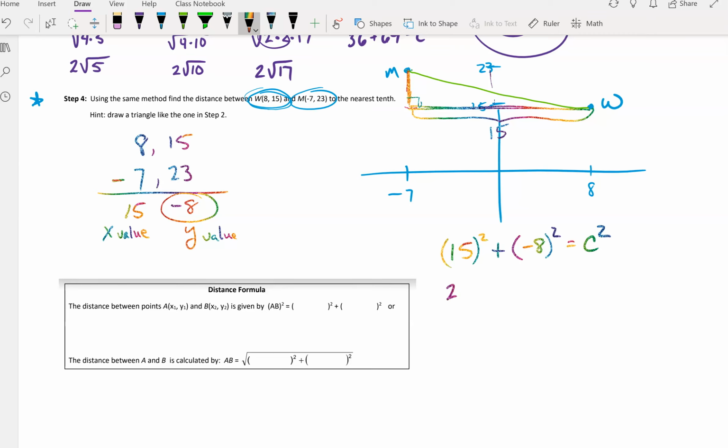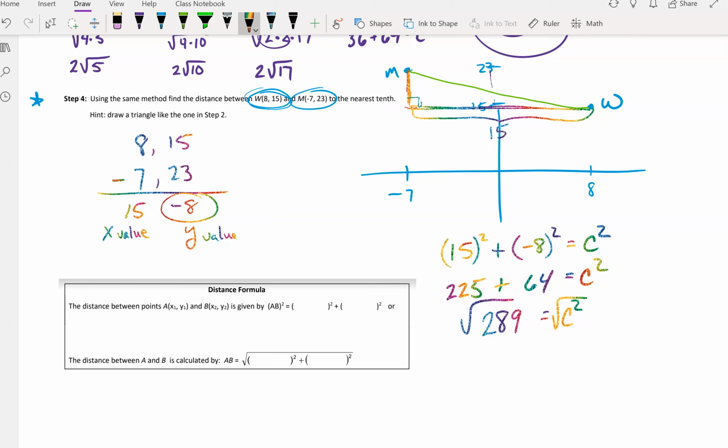This is a really big number, 225 plus 64 is equal to my c squared. So this is going to give you 289 is equal to c squared. And our last step is to take the square root.